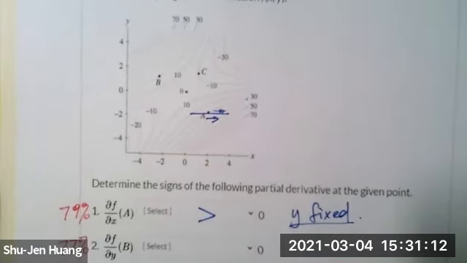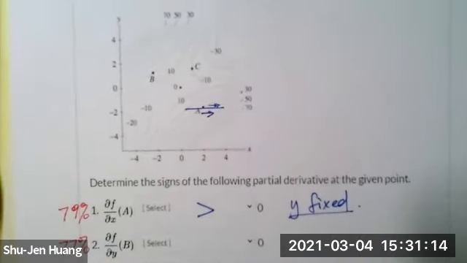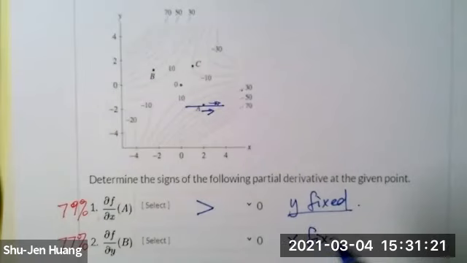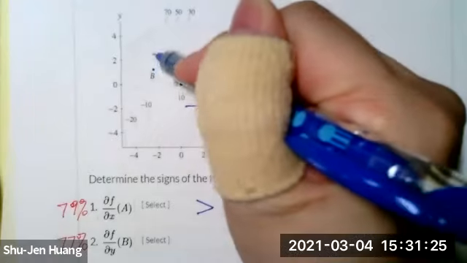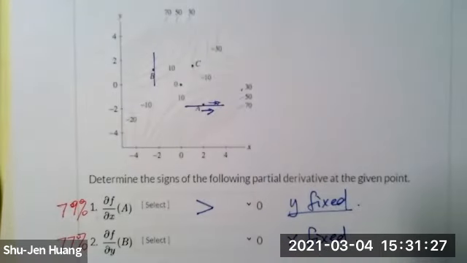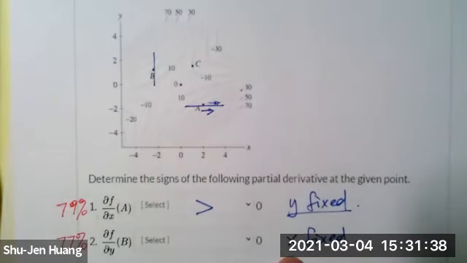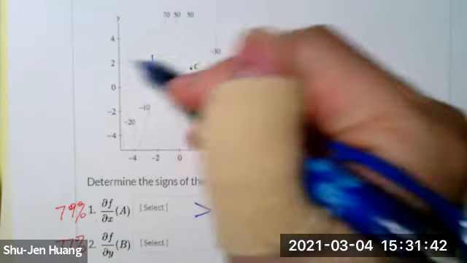Is that good? For the point B, we want to find partial f, partial y. So in this case, the x value is fixed. When the x value is fixed, we're going to draw a vertical line, and you can see on this vertical line, the x value is held constant.